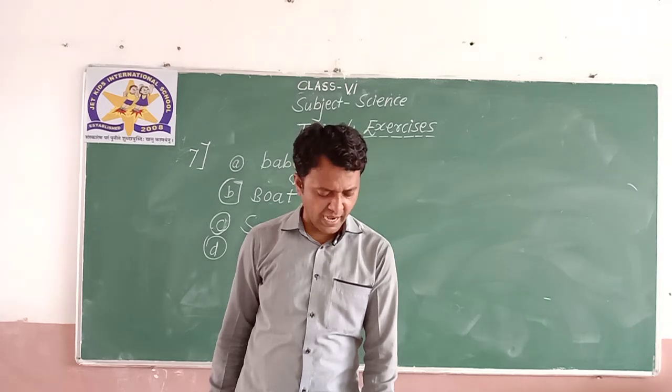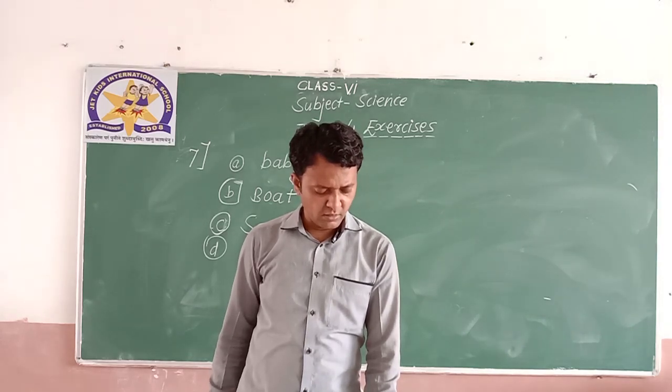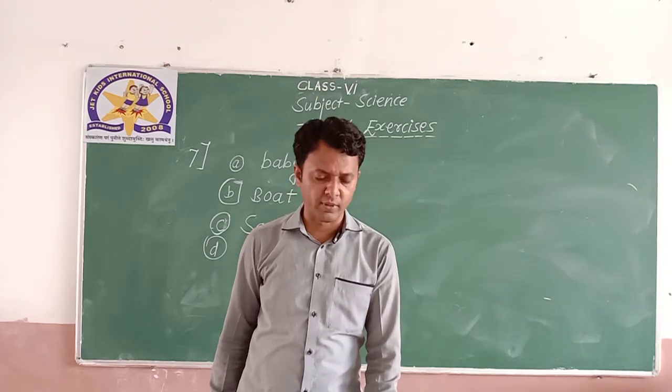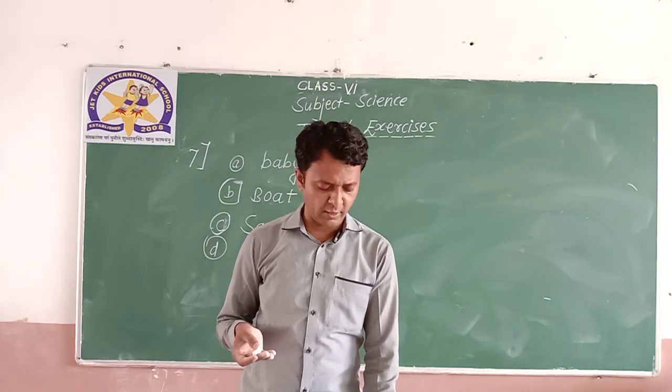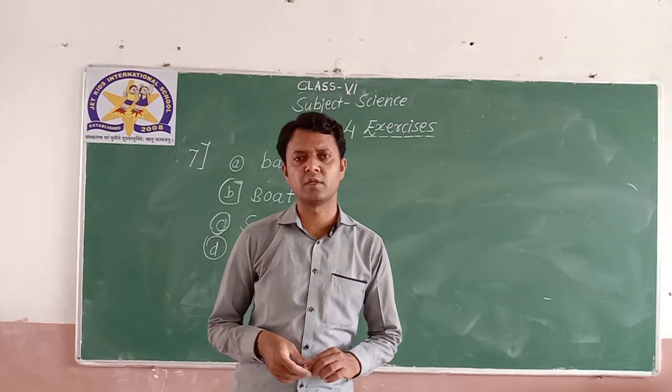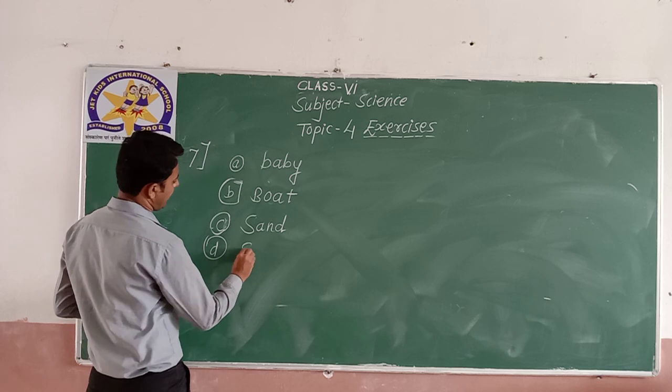From here I think sand only, because the others are all soluble in water. Sugar is soluble in water, salt is soluble in water, and copper sulfate is also soluble in water. So sand is insoluble, so sand is the answer.